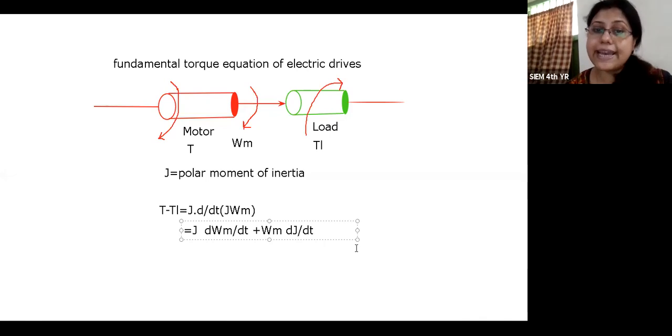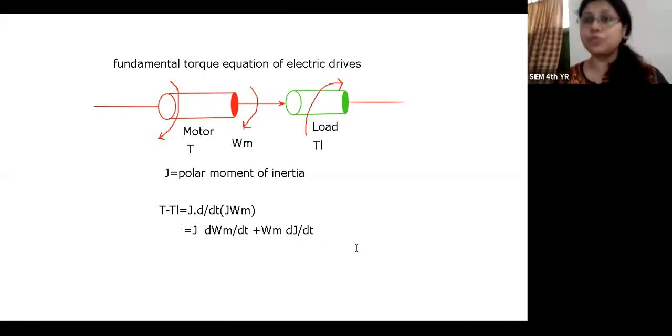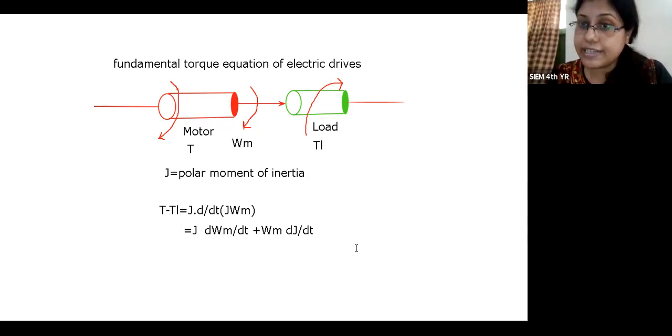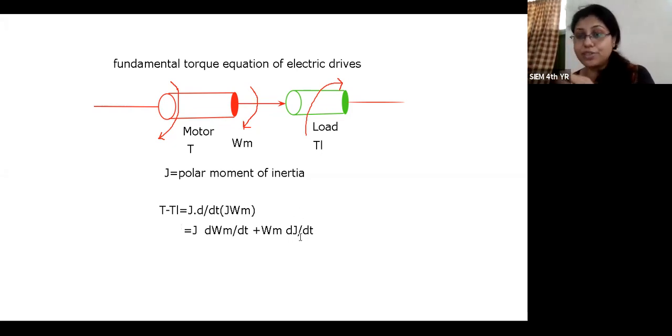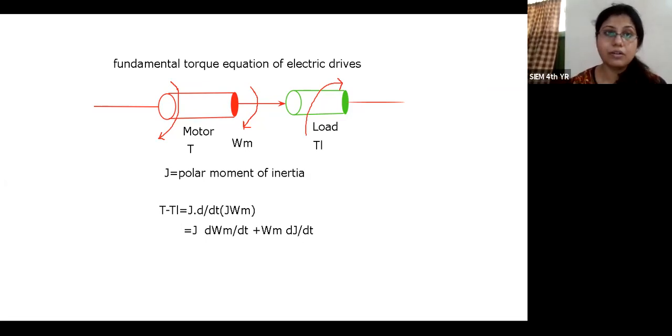Now, as J is the polar moment of inertia, for a particular system J has a particular value. So dJ/dt should be equal to 0. This value is constant, and we can say that dJ/dt is equal to 0.